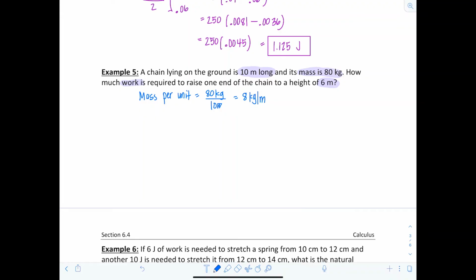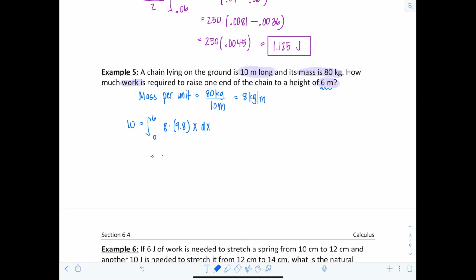Now the force required to lift it is going to depend on overcoming the force of gravity. And the work is going to be applied from 0 to 6, since I have to raise one end 6 meters. So the work is going to be the integral from 0 to 6. I have 8 kilograms per meter, so 8 times 9.8 times x, representing each unit of the chain that's getting lifted, dx.